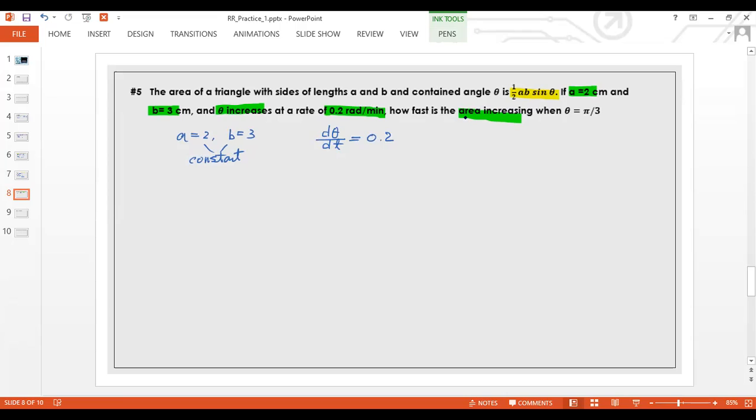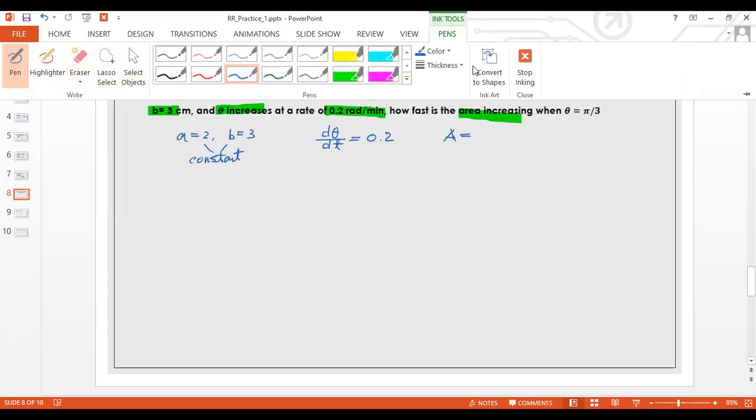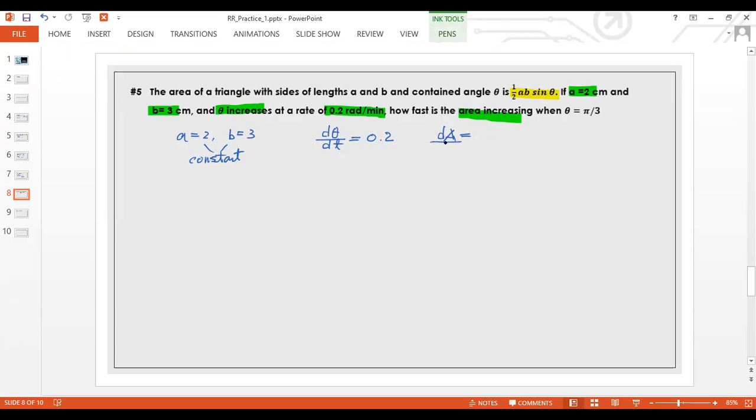And now what I'm looking for is the area increase, so I am looking for dA/dt. Then when theta equals pi over 3. So what are my variables here? I have A and theta, right?